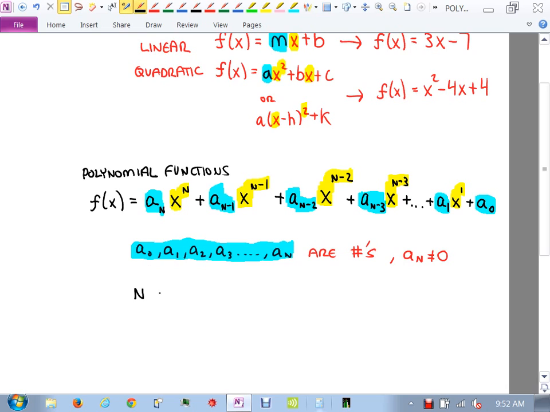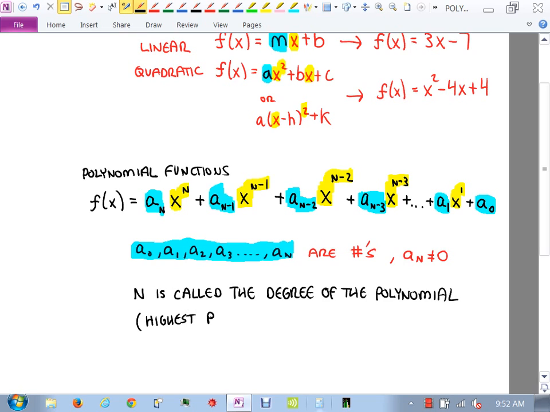n is called the degree of the polynomial. And basically, it is the highest power of x. The highest power of x that you see, okay?